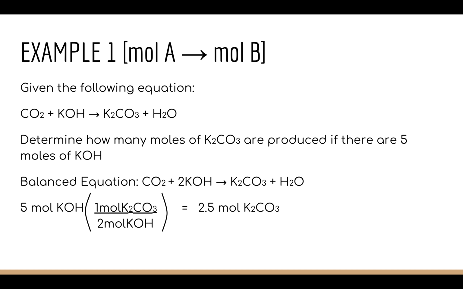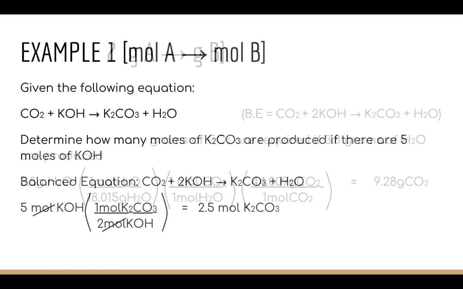When we do the math, 5 divided by 2, we cross out the like terms, just like we would in the factor label method, and we're left with moles of potassium carbonate, 2.5 moles to be exact.